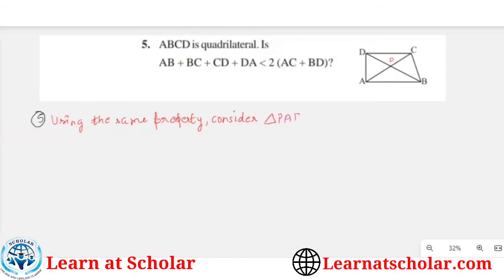In triangle PAB, PA plus PB is greater than AB.